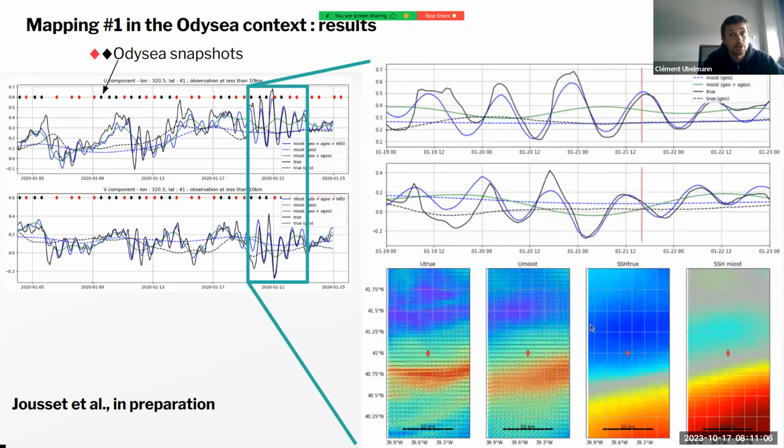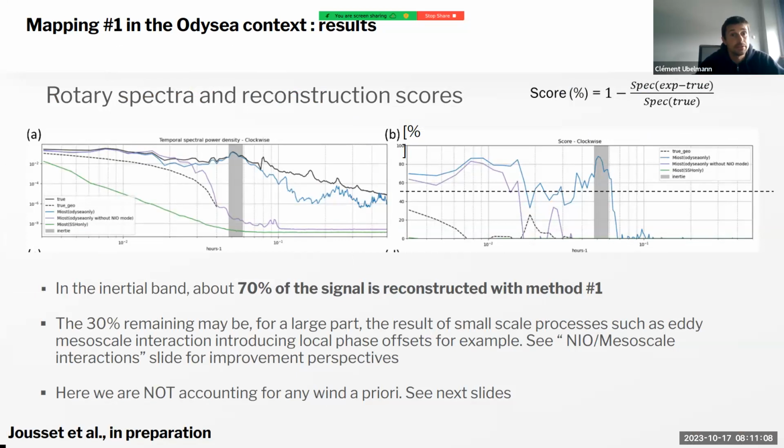These are more quantitative diagnostics, showing on the top left in black the clockwise part of the rotary spectrum, because we see the inertial peak here, of the LLC UV spectrum, with in blue the same rotary spectrum of the reconstructed current. So you can see that in terms of energy around the inertial peaks we're quite good, and also at lower time frequencies.